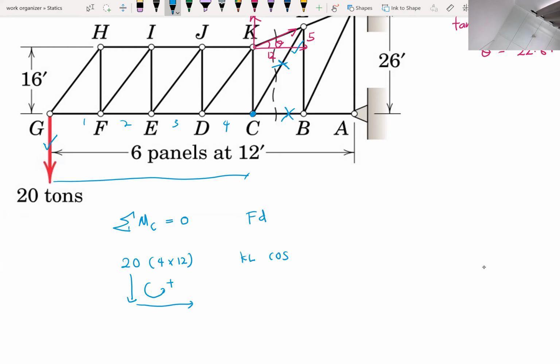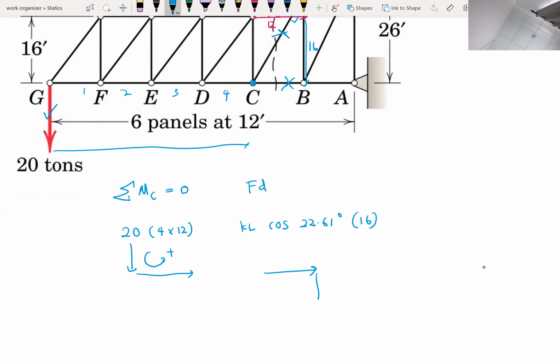It is using the right hand, so it's positive. Next is KL cos 22.61 degrees, the force in this way, and the distance going to C is 16, so multiply by 16. It is downward, so we go like this, using the left hand, so it is negative, equal to 0.